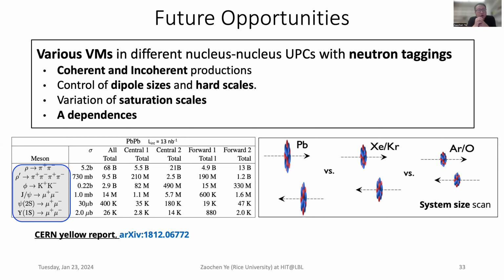We're going to measure the coherent production and incoherent production together, and we also want to make use of different masses of the vector mesons to control the dipole size and also the hard scales. We're going to also explore different nuclei to explore the A dependence and vary the saturation scales to search for evidence of gluon saturation.